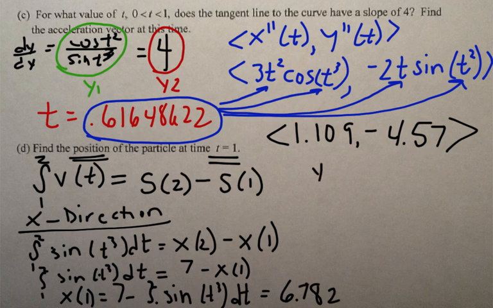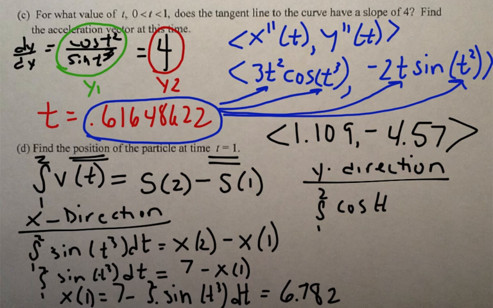And y direction works the same way. I'm going to take the integral from 1 to 2 of the cosine of t squared. That's going to give me y of 2 minus y of 1. I know y of 2 is 4. They gave that to me in the problem.